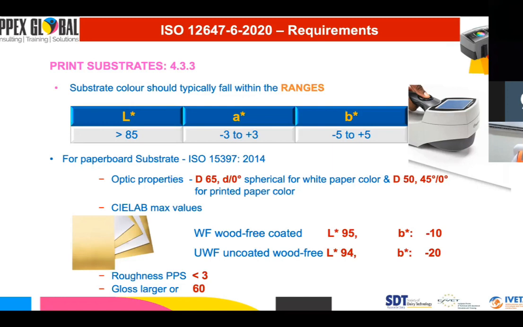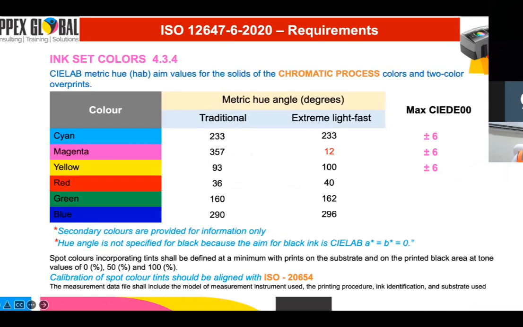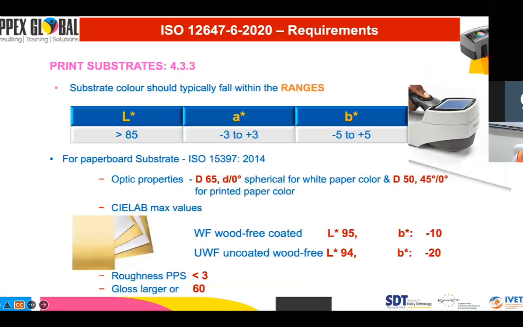So when there's less ink at the highlights, there's more of the substrate, and therefore the color of the substrate is really relevant for the highlight areas. When there's more and more ink, as we saw under the microscope, you're not seeing much of the substrate. So it really does affect some colors more than others, but we need to consider it. And then we're talking about the LAB system again here, and we'll do the LAB system tomorrow.